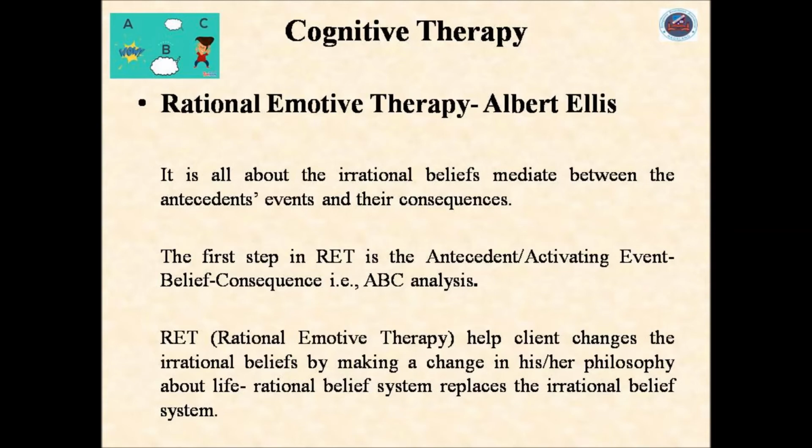Then that will affect his or her belief system. The person will start thinking that he or she is good for nothing and not capable of anything. He or she starts to develop negative thoughts, all the irrational beliefs about himself or herself. Then this will lead to C, which is going to affect his or her behavior.